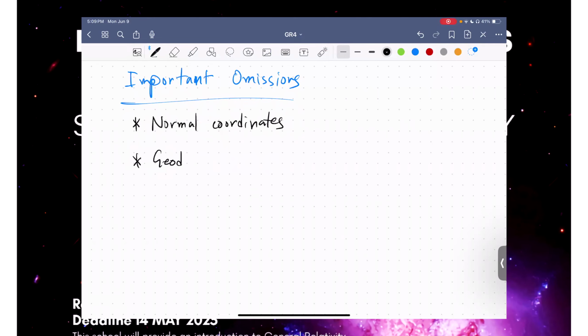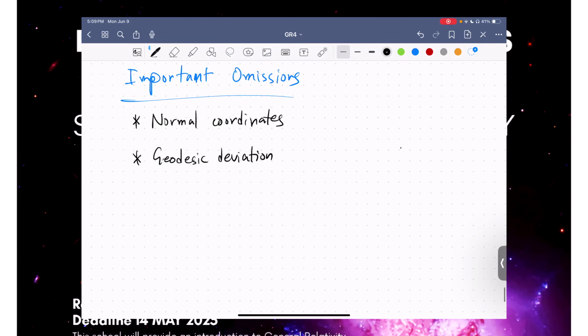And then geodesic deviation. What this is about is that we have been saying so far that if something is freely falling, they do not notice any gravity. This is almost true, but suppose two things are falling freely.